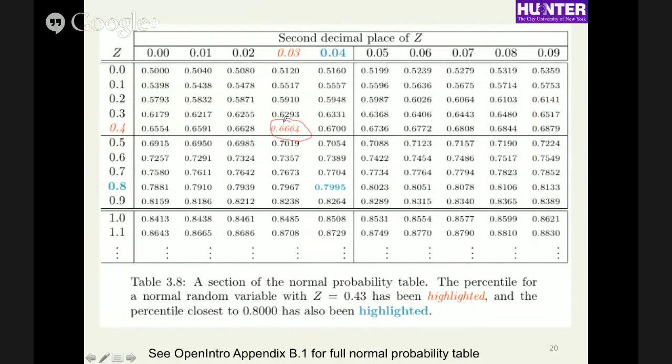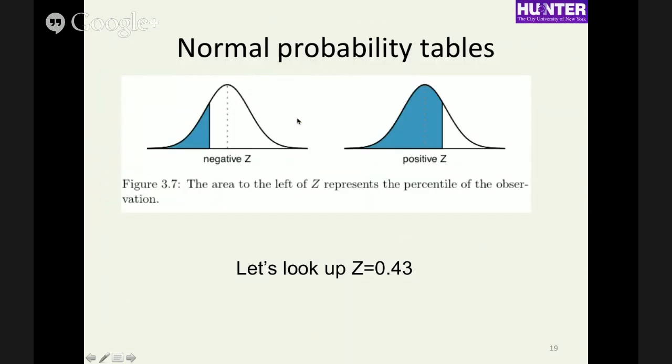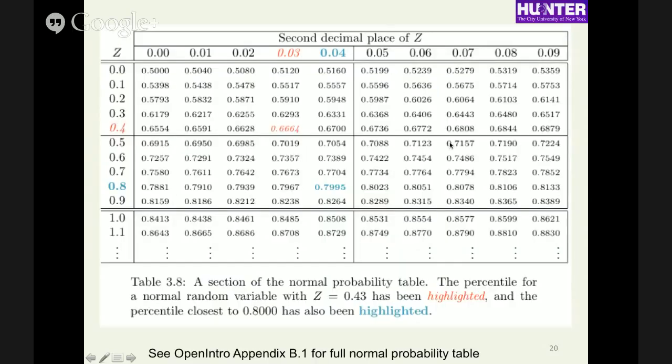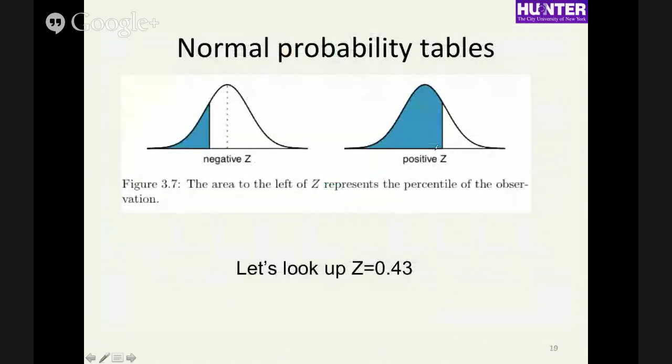So if you didn't know whether this was the left tail probability or the right tail probability, what would you guess it is? So for 0.43, we're getting 0.6664. Is that to the left of 0.43 or to the right of 0.43? To the right, you think? So let's say this is 0.43 here, and we're getting a value of 0.66, something over a half.